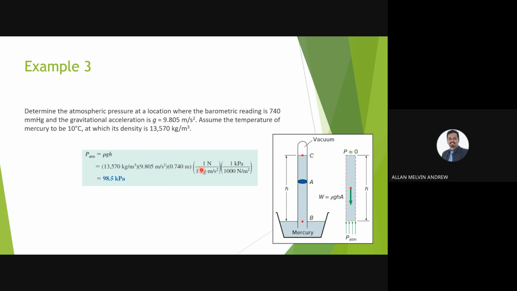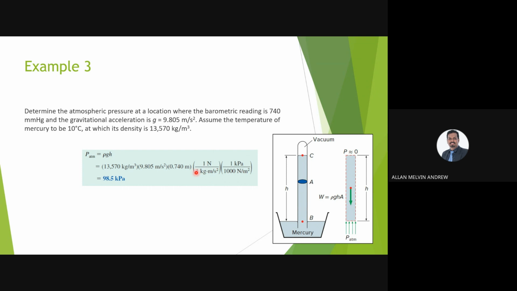We use unit conversion based on the formula. 1 Newton divided by 1 kilogram meter per second square equals 1, and 1 kilopascal divided by 1000 Newton per meter square equals 1. If anything is multiplied by 1, it still carries the same value.